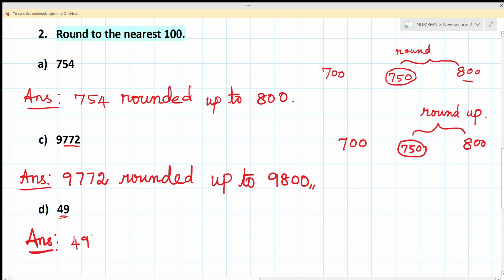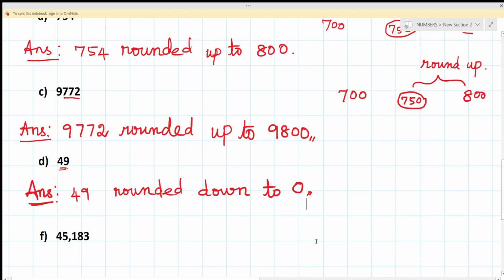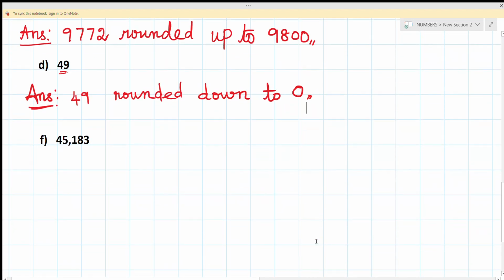So 49 is rounded down to 0, because we can't change the given number to the nearest 100. So 0 is the answer.